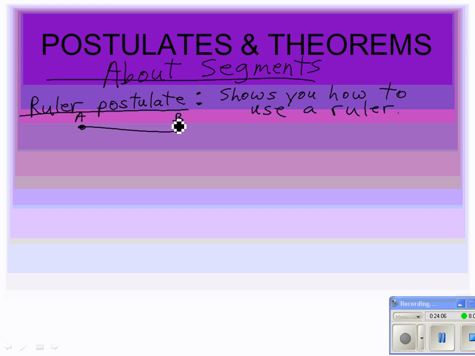Put one end on one of the points and the other end will go out to the length of the segment. So you have this ruler. You line up this end with point A, and whatever it says out here is the length of the segment. That's all the ruler postulate tells you. What does this mean? What's this mean? Oh, 18.